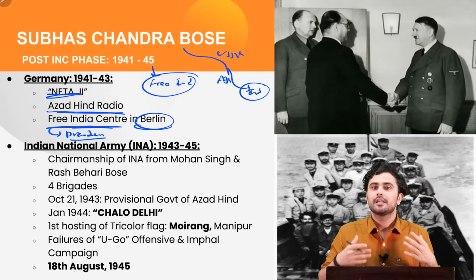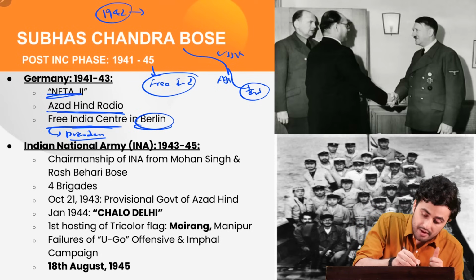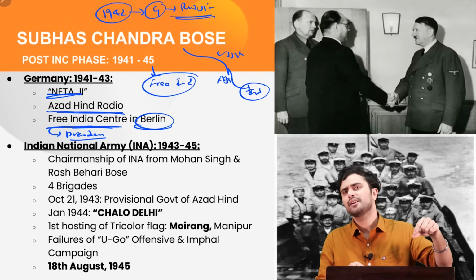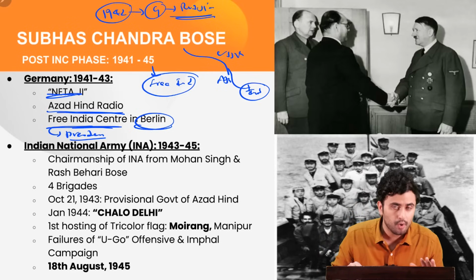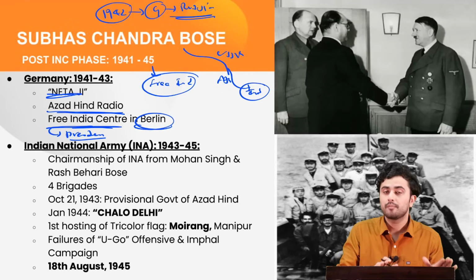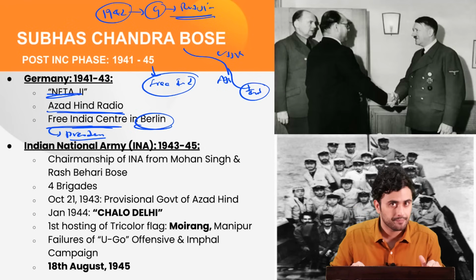And finally, by the year 1942, when Germany started war with Russia and started facing several setbacks across Europe, Subhash Chandra Bose came to the realization that the German army would not support him to get freedom for the country.